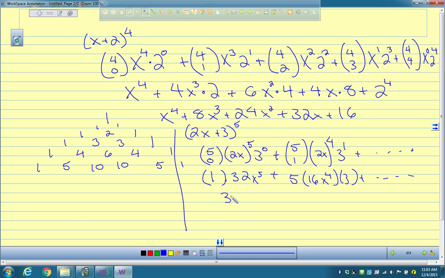But when I simplify it, I get 32x to the 5th, plus 5 times 16 is 80, times 3 would give you 240x to the 4th.